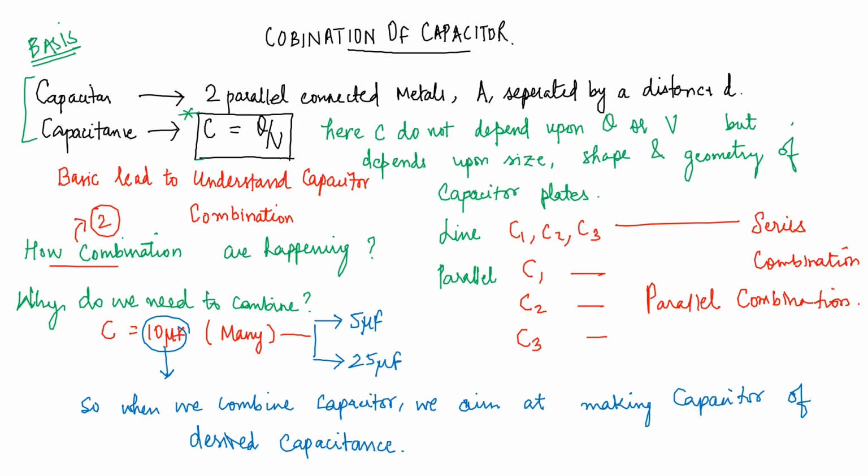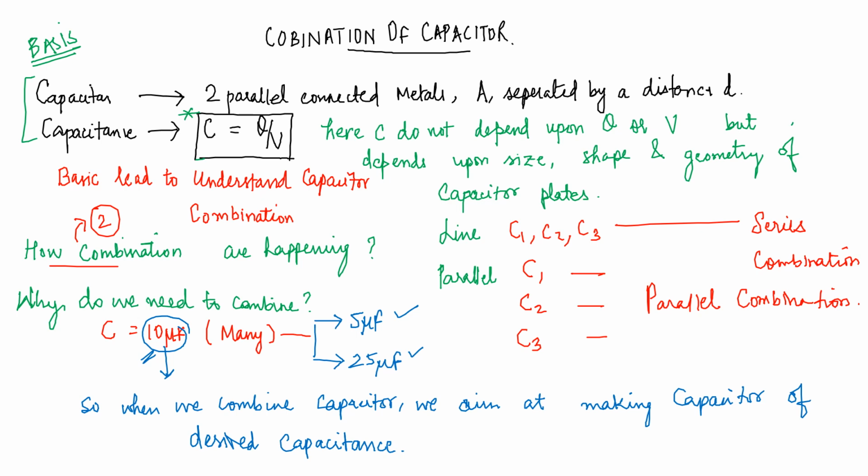So if we need 5 microfarad, we can create it. If we need 25 microfarad, we can create that also by combining many 10 microfarad capacitors. We do not need exactly 5 or 25 or 35 or maybe 90, 100, 2000, 4000. We don't need this many capacitors. We just need a very small capacitor to make a big one also by such combination.